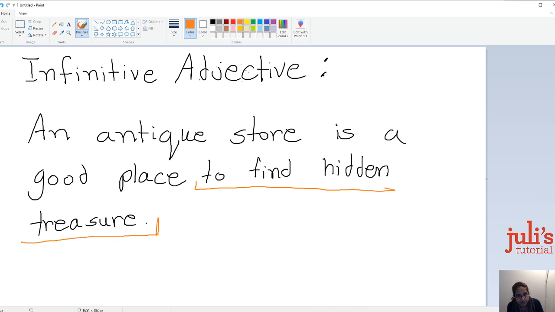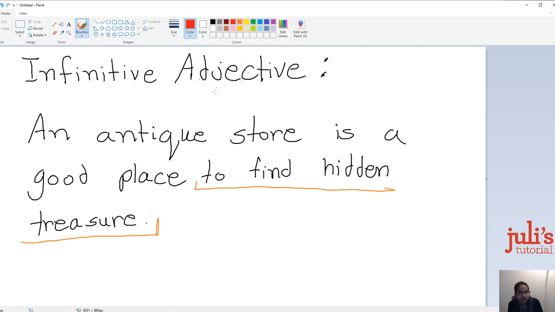Hidden treasure. To the entire sentence. So an antique store is a good place to find hidden treasure. The infinitive phrase functions as an adjective here to modify the sentence. What's the subject of this sentence? An antique store. What's the verb? Is. An antique store is a good place.